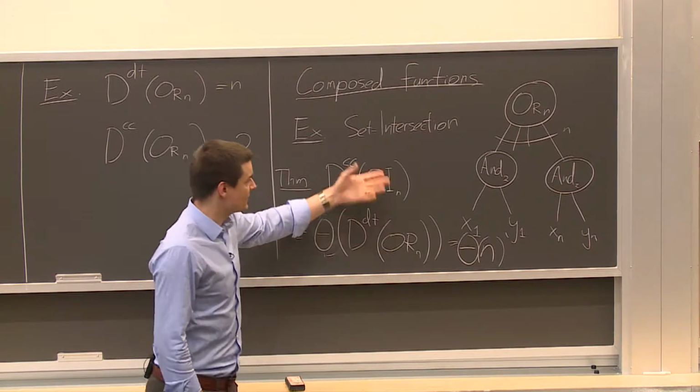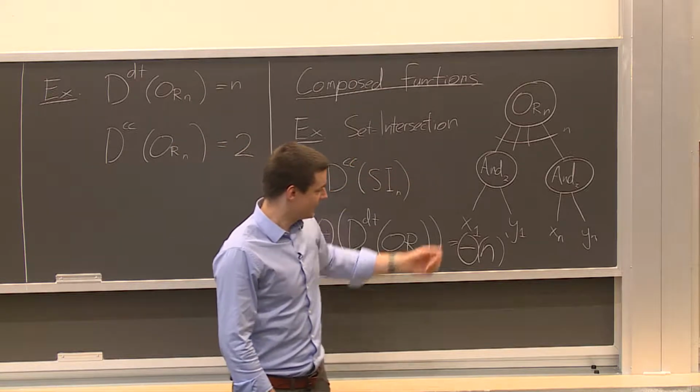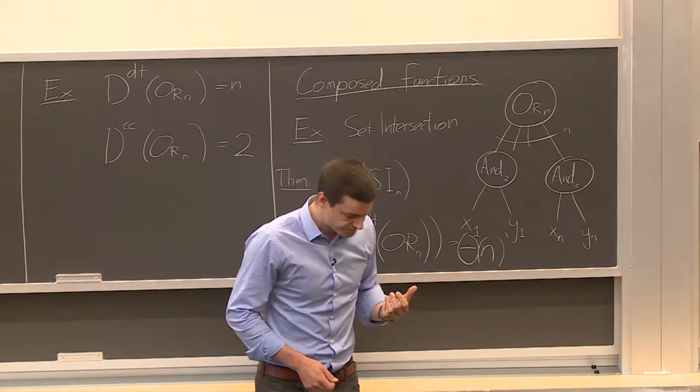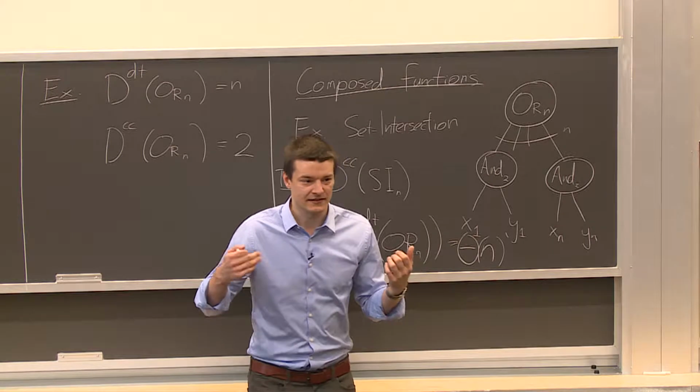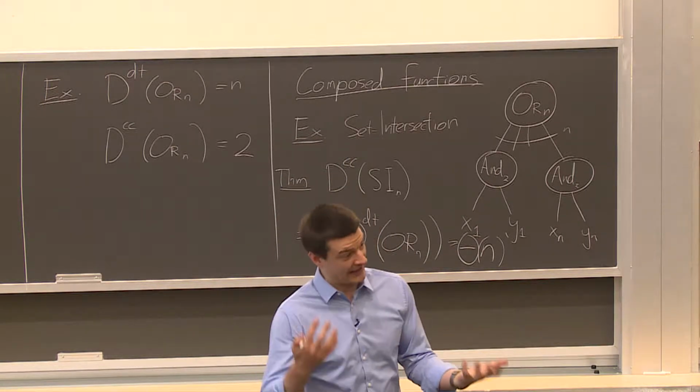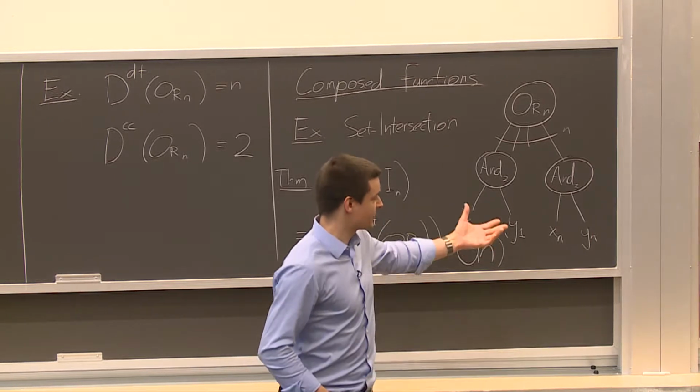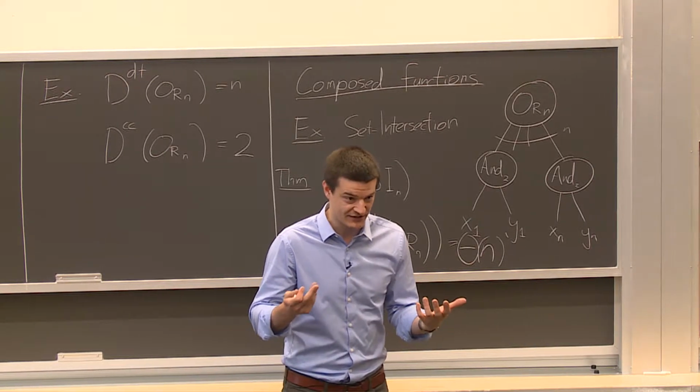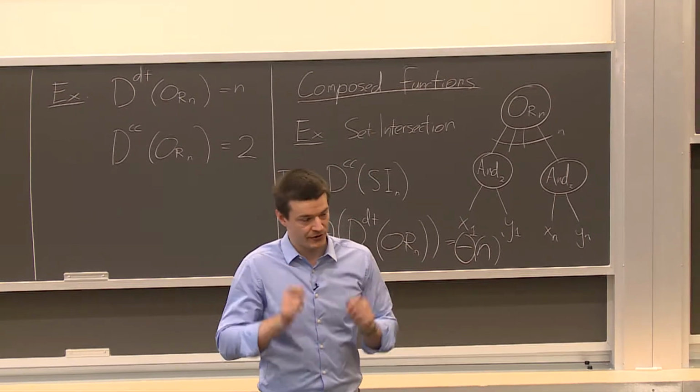I should also mention, why do we call this set intersection? Well, you can think of this function as follows. Think of all the x's and y's as indicator vectors of sets. And so then this function is just computing, do these two sets intersect? Is there a coordinate where both the players have a 1?